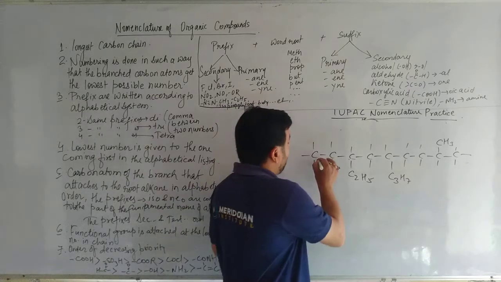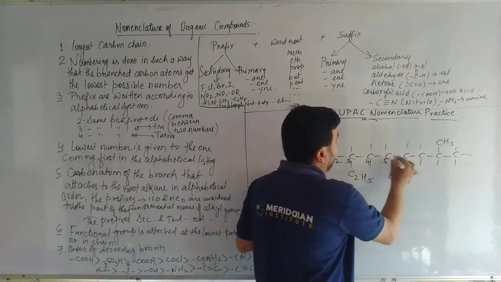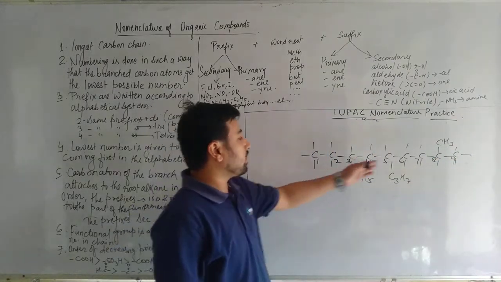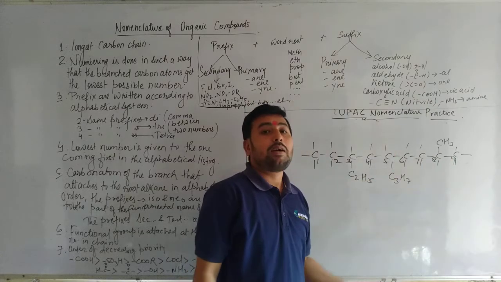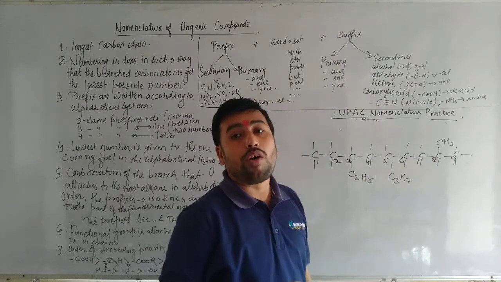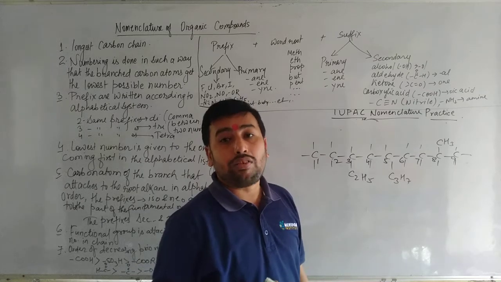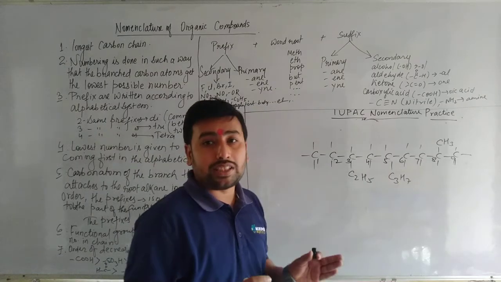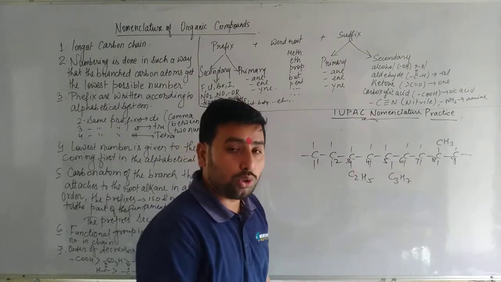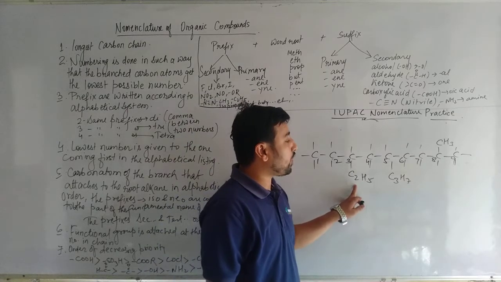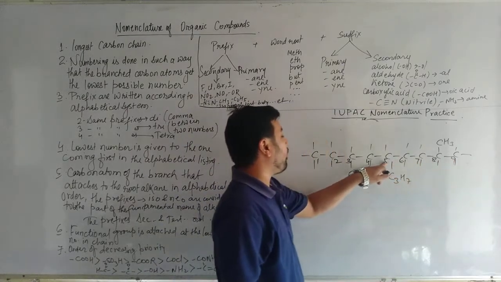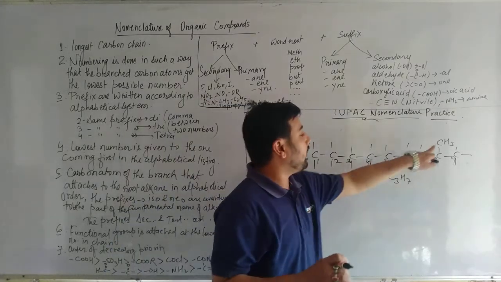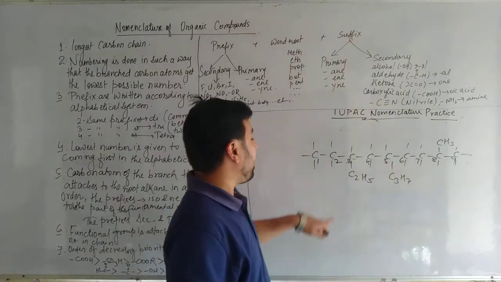You will tell, sir, here it was near, we should go from this side. Yes, you are right. But we have to understand the concept of prefixes arranged in alphabetical order. Here ethyl is on the third position, and if we come from the other side, 1, 2, 3, 4, 5, 6, 7, on the 7th position ethyl was getting. So E will be prior to methyl and propyl. So definitely this third one.